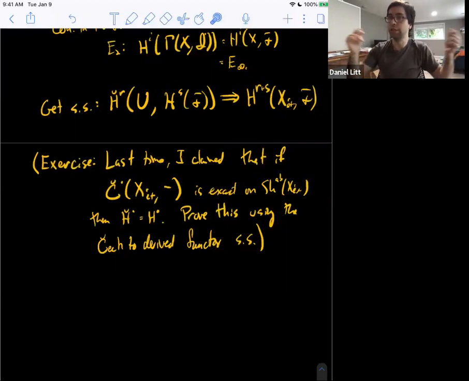There's a notion of Čech cohomology for topological spaces, and for nice enough spaces, say manifolds, it computes singular cohomology if you plug in Z coefficients. And the Mayer-Vietoris long exact sequence in singular cohomology is a special case, or can be pulled out of this spectral sequence. Great. Are there any questions about this?